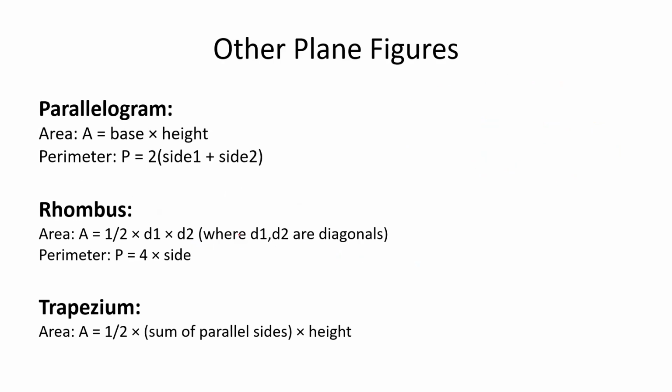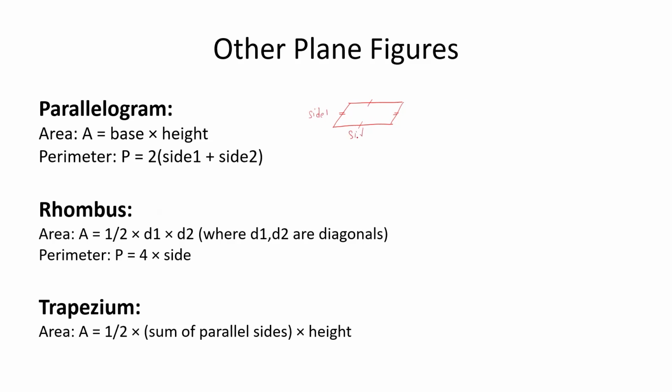Next shape is the parallelogram. What is a parallelogram? Parallelogram is this kind of figure. So again, this side and this side are the same. This side and this side are the same and they are parallel to each other. That is why it is known as a parallelogram. Let's say this is side 1.